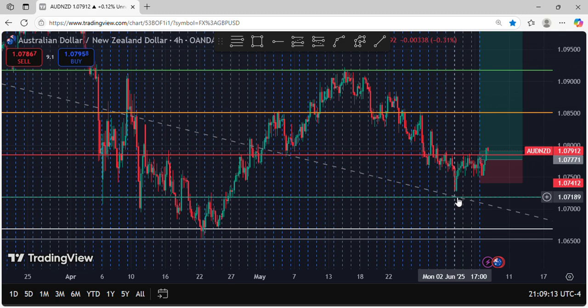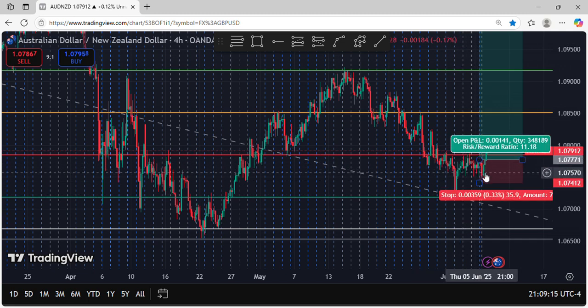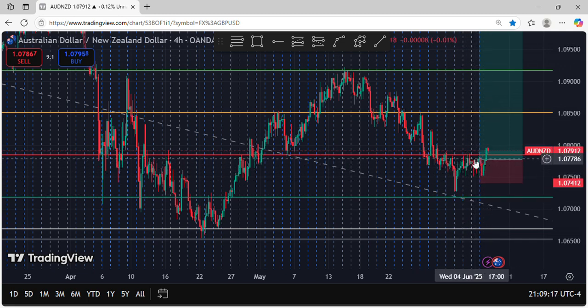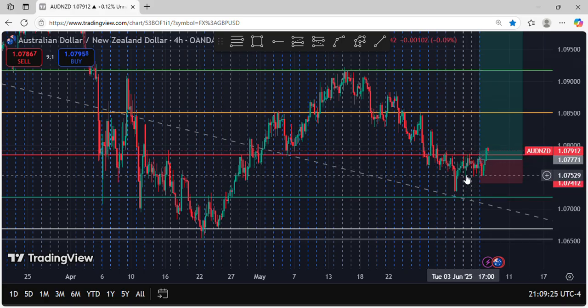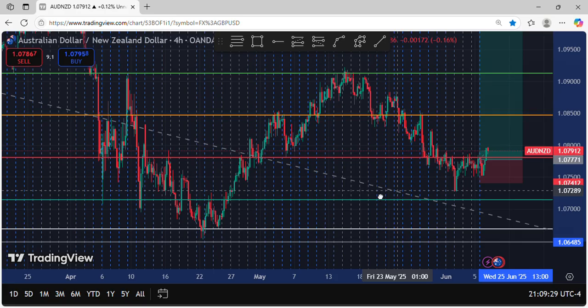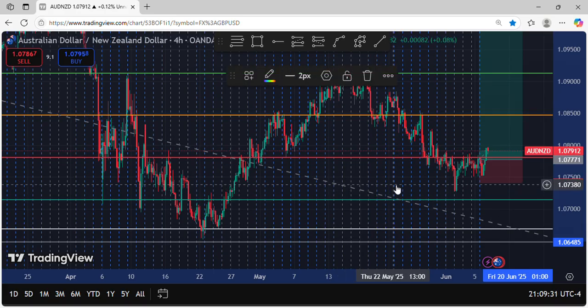After pushing down, consolidating a bit, breaking above this level, which I would constitute as a change in state of delivery. Looks like when we've left this order block right there, let me shift this to the left.